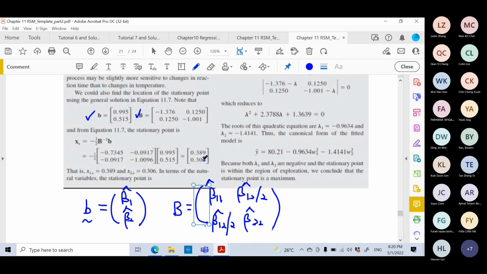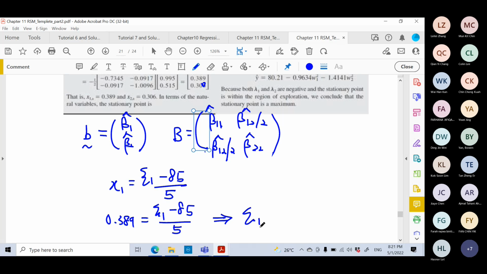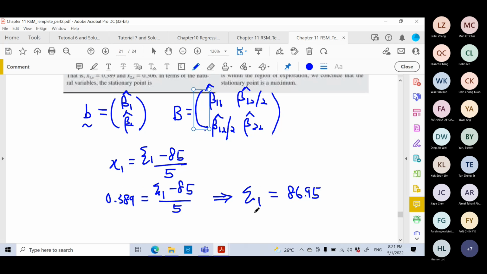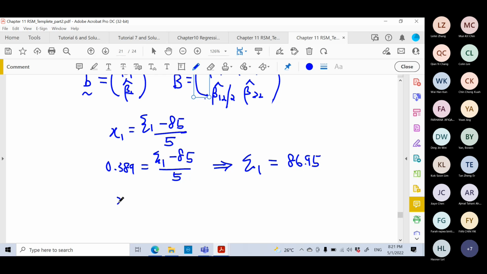Then of course we can apply here: x1 will equal to xi1 minus 85 divided by 5. By substituting 0.389, you will get xi1 equal to 86.95. You will get the natural variable over here. Similarly, for the second one, x2 will be equal to xi2 minus 175 divided by 5.